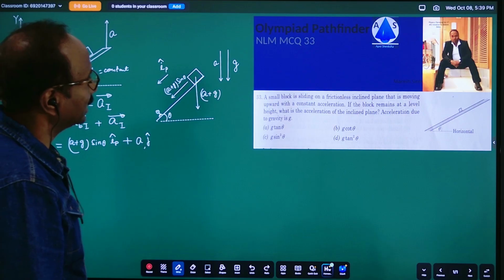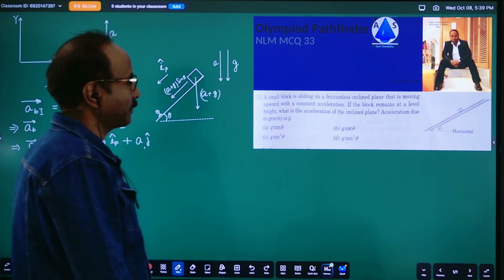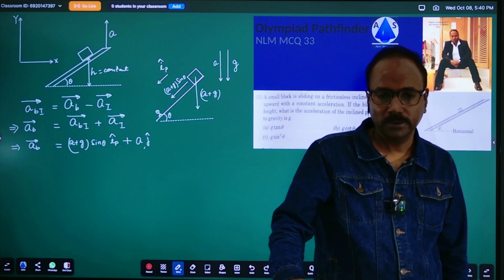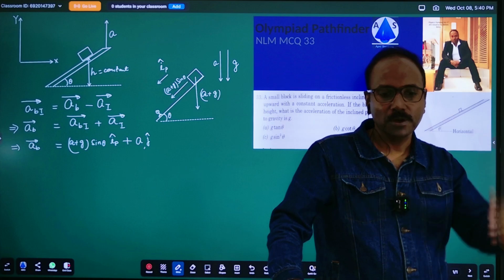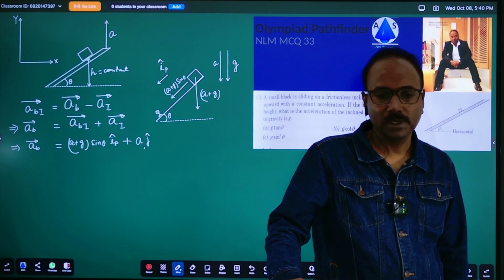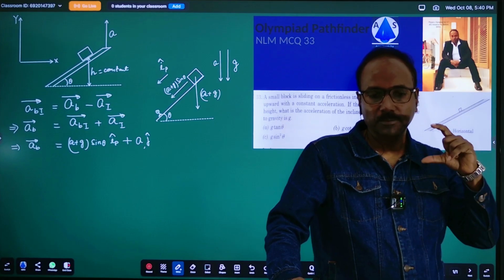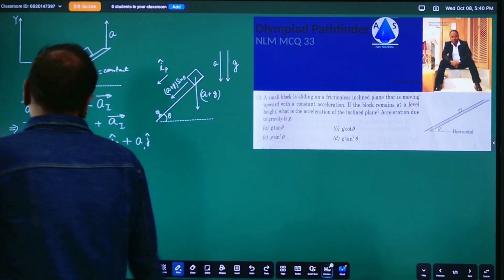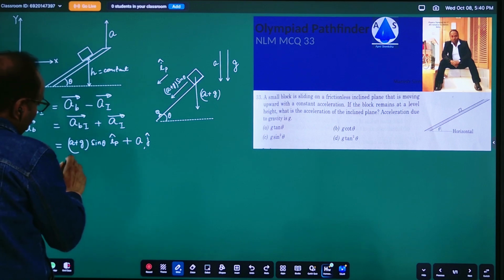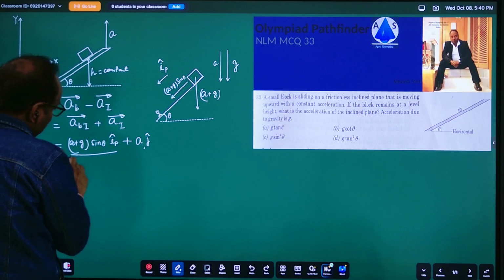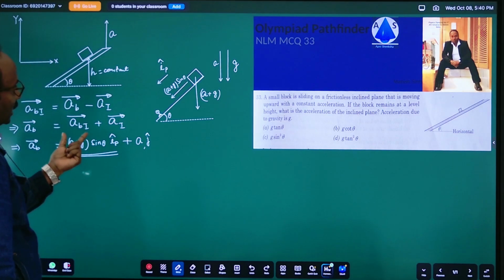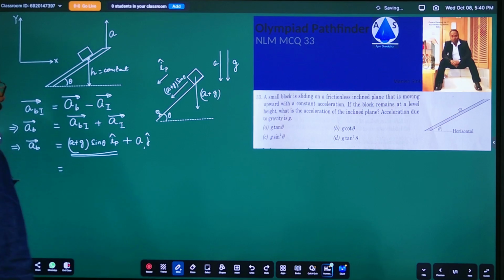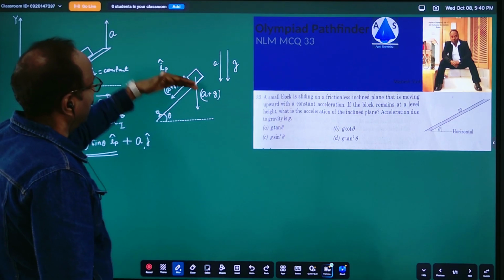So if we get the total acceleration in the y direction and equate it to 0, then we can say there is no motion in the y direction, so the height of the block will be at the same level. So we will convert this portion of the acceleration, that is the acceleration of the block with respect to the inclined plane, into x and y components.